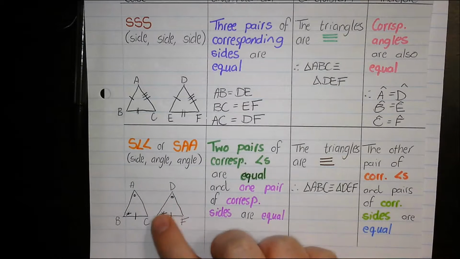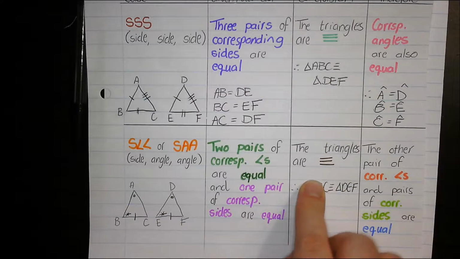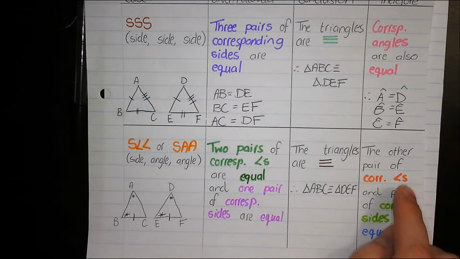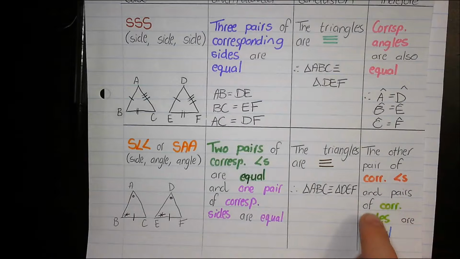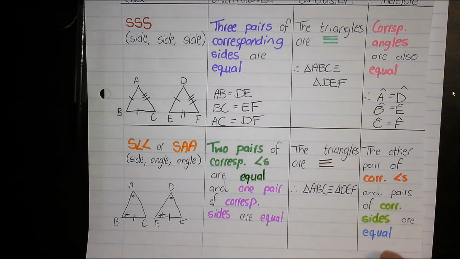When you have those 3 conditions, then you can say the triangles are congruent, and then you can assume that the other angle and the other side are equal.